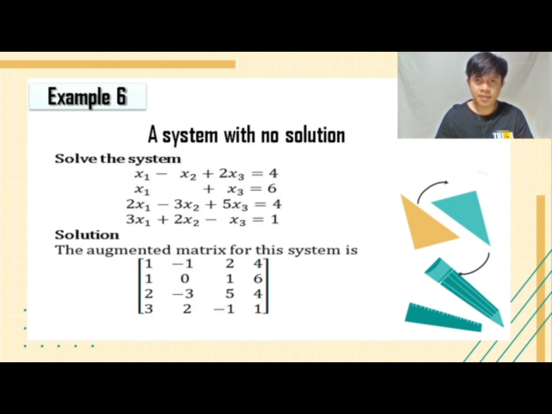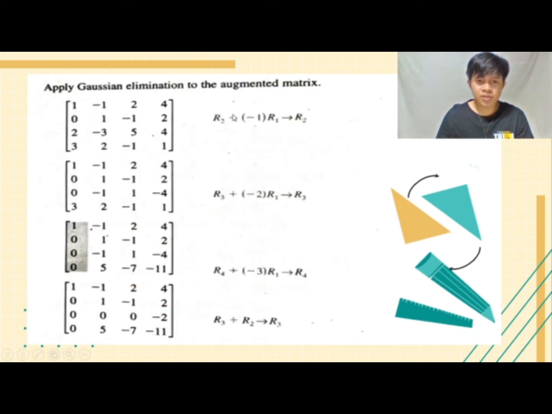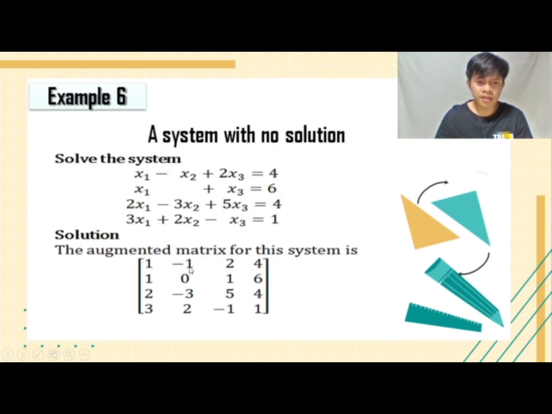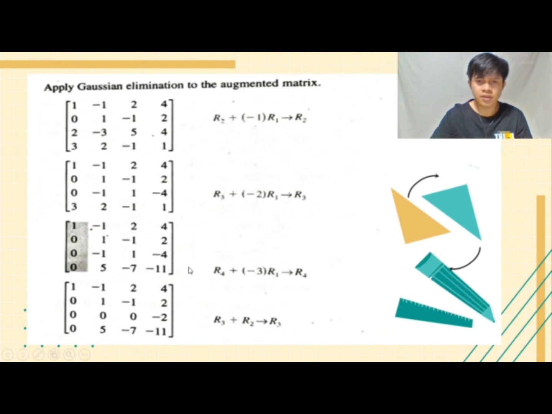The next step is 0 minus 1 times negative 1 is equal to 1. Okay?